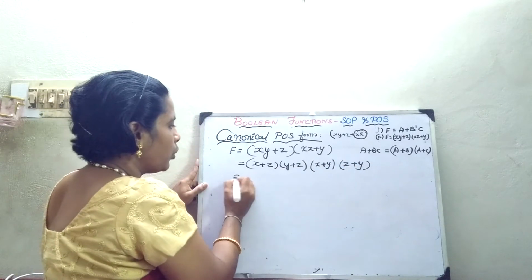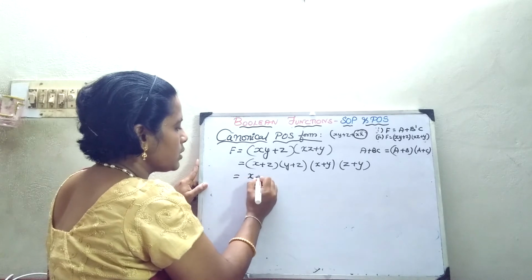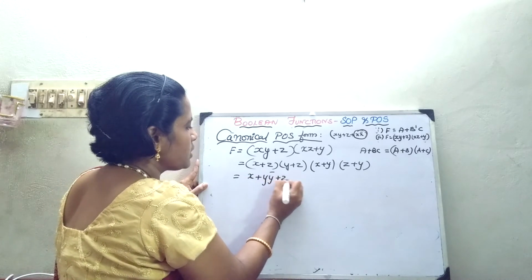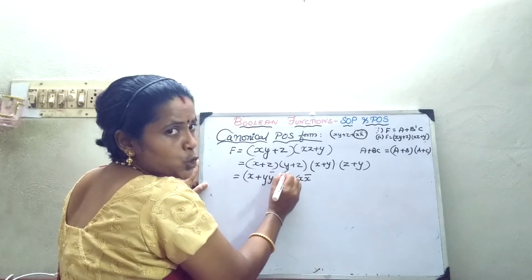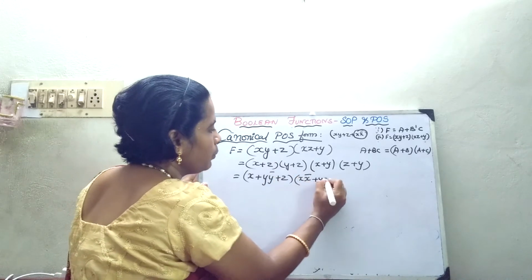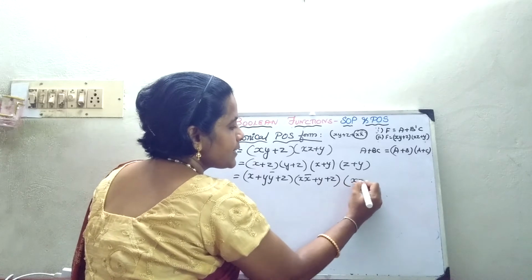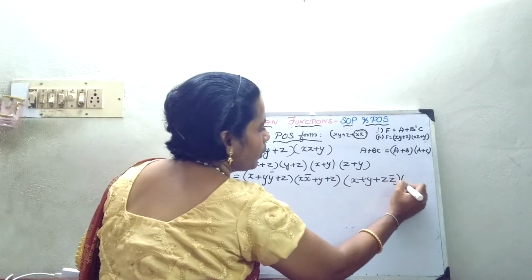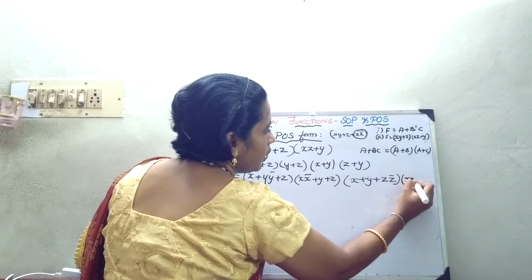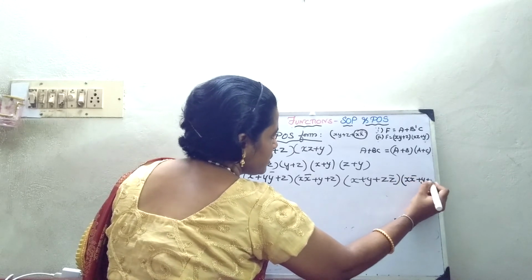Next step, in this y is missing, so it is x plus y bar plus z, and here x bar is missing. It is not going to change my equation. And in the next case it is xy, so plus I am going to add z bar, which is not going to alter my equation. So here x bar plus y plus z.